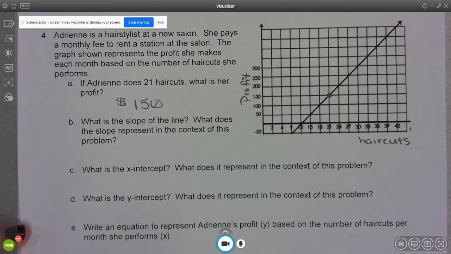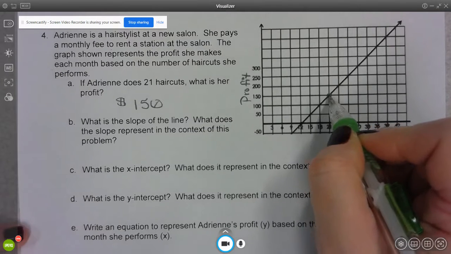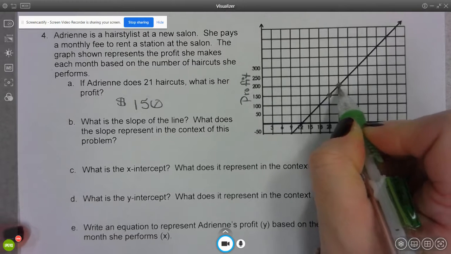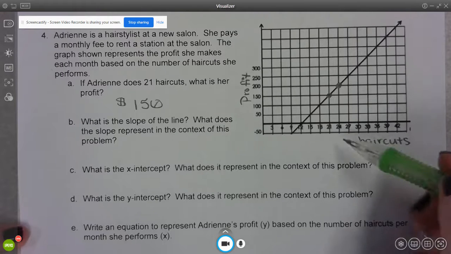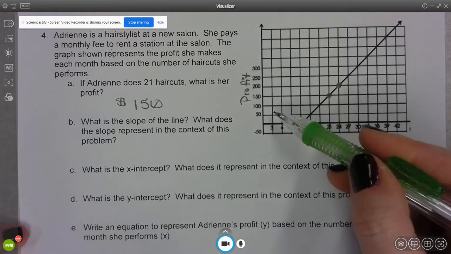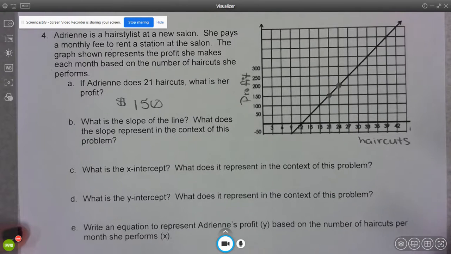What is the slope of the line, and what does the slope represent in context of the problem? Well, I already have a point here for 21, so I'm just going to go up to the next one here. It would look like that is 1. However, my scale is not 1 for x, and my scale is not 1 for y, so I cannot put that the slope is 1.